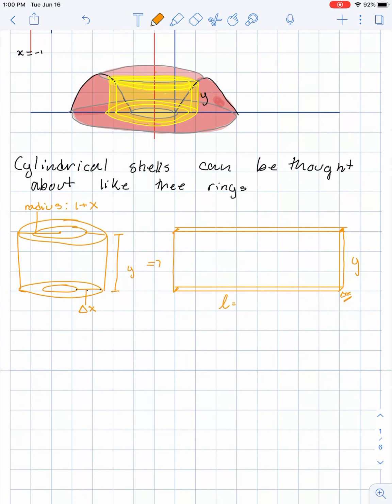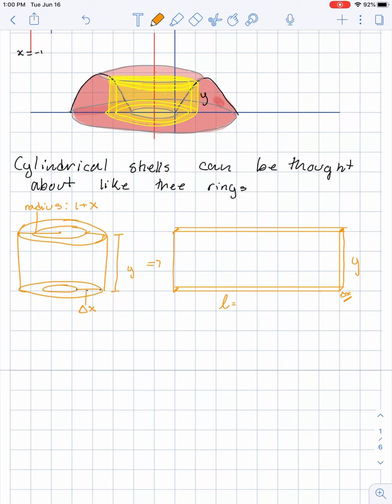So this length of the rectangle is now going to be the circumference of this shell. I know what you're saying, there are 2, which one do I take? Remember, the distance between those is delta x, and that's approaching 0. So if we just take the outer one, they're going to be technically exactly the same.